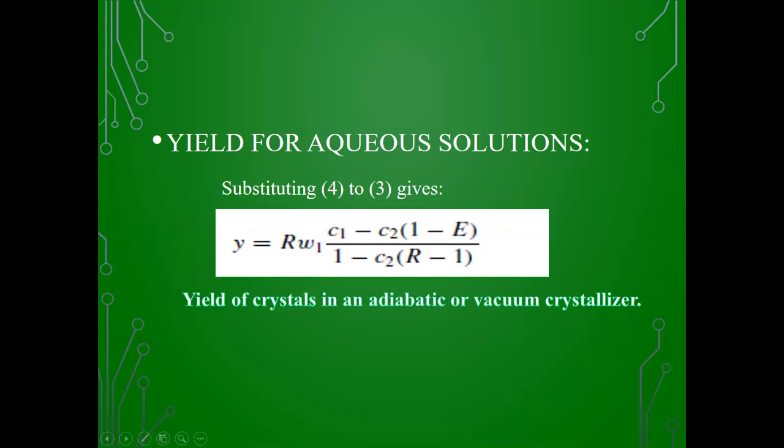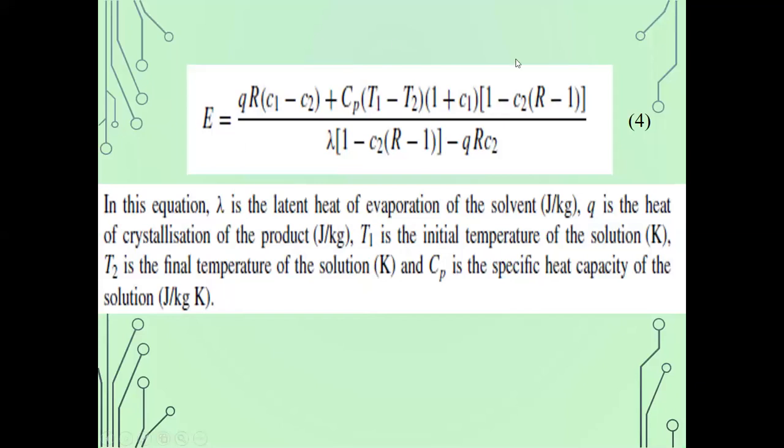However, E has to be determined first if it is not given in the problem. If the problem already gives you the amount of water evaporated and the initial amount of water, you have no problem. The two equations that we have dealt with, equation 1 and equation 2, simplified in equation 3, will give you this particular formula. This very long equation allows you to solve for the amount of water evaporated per unit mass of water present initially in the solution when it is not given.